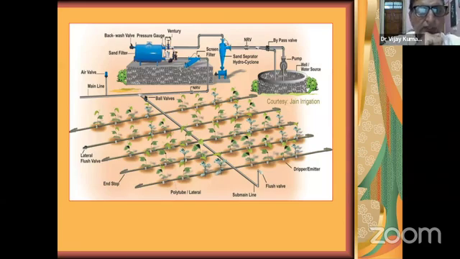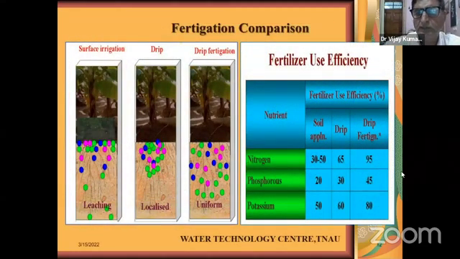So if you see the layout, you see that we are adding water and the nutrient directly to the root of the plants. So that makes the fertilizer use efficiency very high. I will give you an example of how much the fertilizer use efficiency is increased with this. See, the nitrogen use efficiency, as I said, goes up to 50%. But when we are having fertigation, then it goes up to 95%.